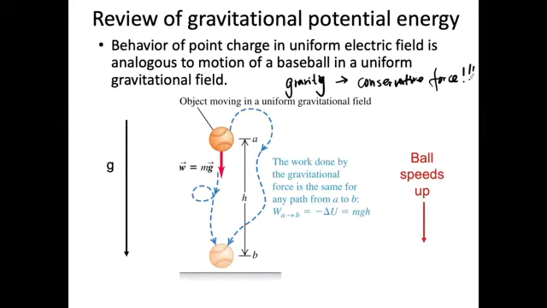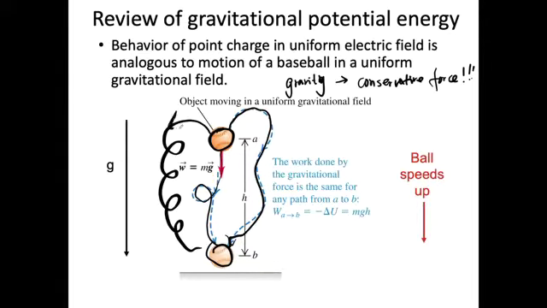What that means is that if you have an object starting from position A, ending up at position B, the work done by gravity does not depend on the path this object takes from A to B. It can take any path, just two different paths in the plot, and any other path.